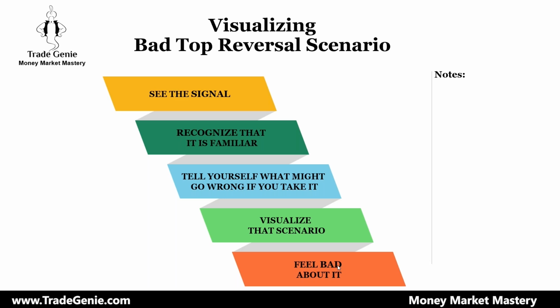So you have to see how many times you saw the signal, recognized it as familiar, and created a story in your mind, and then the trade turned out to be a great trade. So what happened? If you keep ignoring all the good signals, instead of feeling good about it, you inject these two scenarios, then you will become desperate.